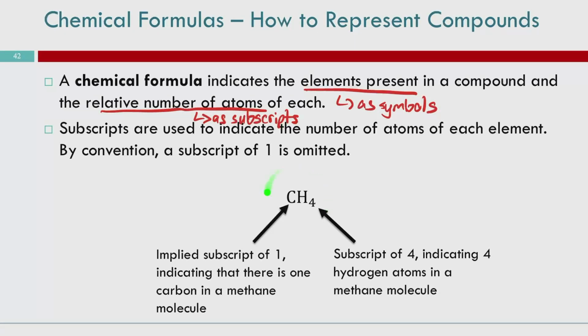So for example, for this chemical, CH4, we've got carbon. We don't have a subscript, so we just have 1 carbon. We also have hydrogen present. We've got a subscript of 4, meaning that there's 4 hydrogens. So the hydrogens stay together. We've got 4 of them. We've got just 1 carbon in one of these molecules, or one of these combined chemical units. 1 carbon, 4 hydrogens.